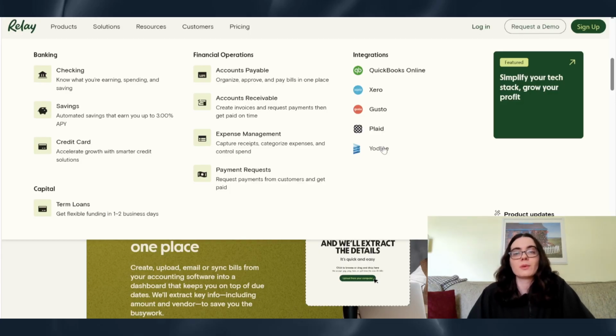It is a little bit more limited because if you're talking about straight accounting platforms, QuickBooks Online and Xero is all that you get. So you don't get the NetSuite integration, and you don't get QuickBooks Desktop if you're using Relay. If you really need a sync with the desktop version or with NetSuite, Relay is not going to do it for you. But they do have QuickBooks Online, and Xero is going to cover a lot of businesses there.